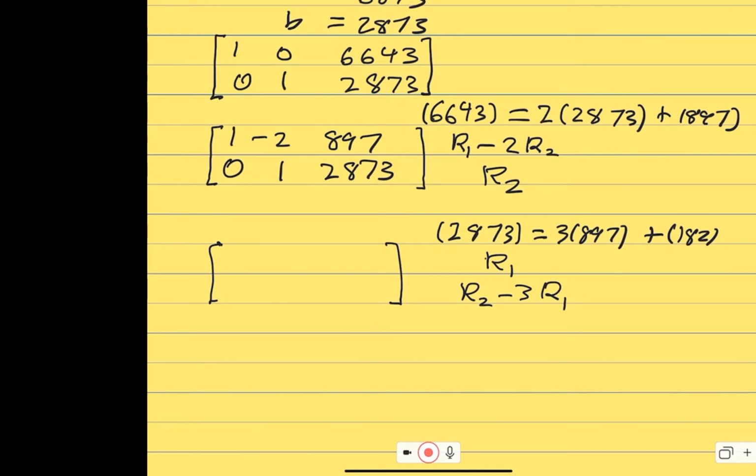And when you do that, you end up with 1, minus 2, 897. I just copy that one over. And the other one turns out to be minus 3, 7, 182.